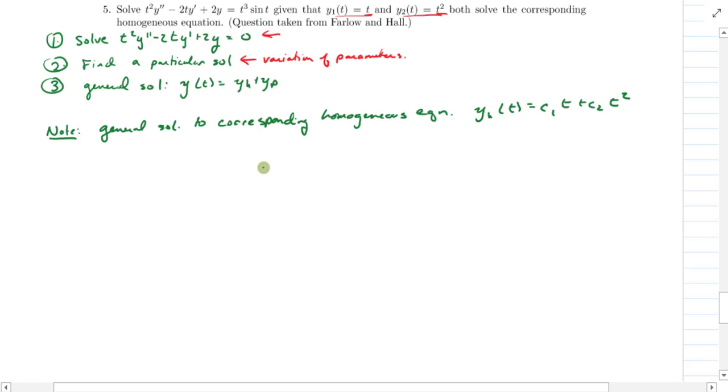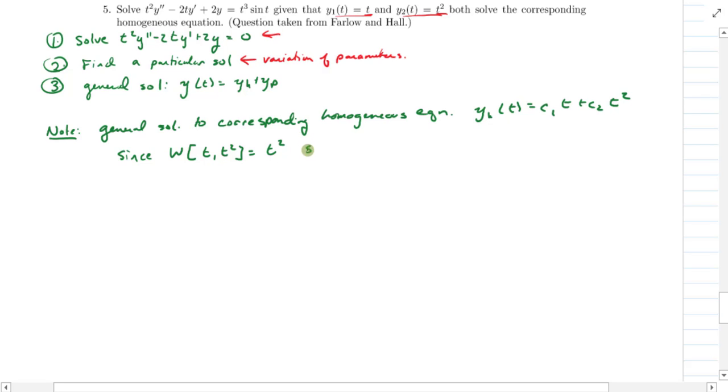And there's just a fine point that I need to make sure we make: just because I told you these were two solutions to the homogeneous equation doesn't mean they form the general solution. But we see that the Wronskian of t and t squared, and you can compute this, when you do so, you get t squared. And you can find at least one time value where that's non-zero.